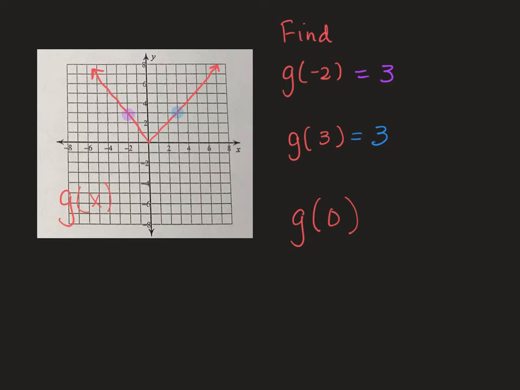Looks to be 3. And then what happens at 0? So when x is 0. So 0 is this point right there. And yes, that is a value. Okay, a lot of people tell me that's not a value. That is a value. Just equals 0. Okay? So that is how we read a graph.